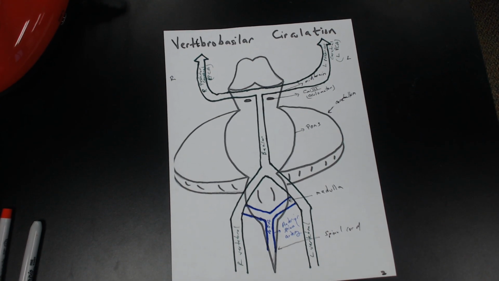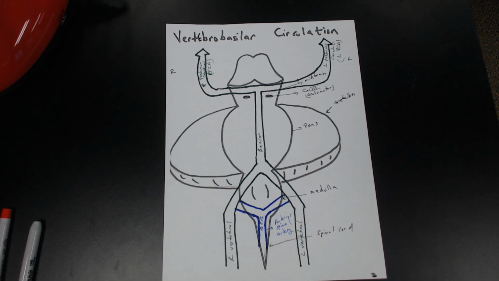Coming off the right and left vertebral arteries, two arteries come together to form the anterior spinal artery. That artery is responsible for supplying blood to the anterior 2/3 of your spinal cord. We'll get into exactly which part of the spinal cord it supplies and all the tracts and all the neurons involved when we get to the spinal cord portion of the course. For right now, you just need to know anterior spinal artery, anterior 2/3.